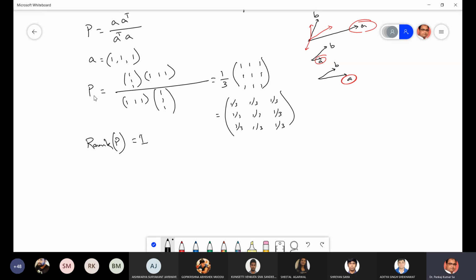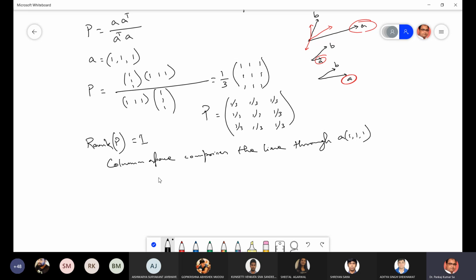So the column space of this particular matrix P is the line passing through 1 upon 3, 1 upon 3, 1 upon 3, or 1, 1, 1. Rank is equal to 1, column space is 1.